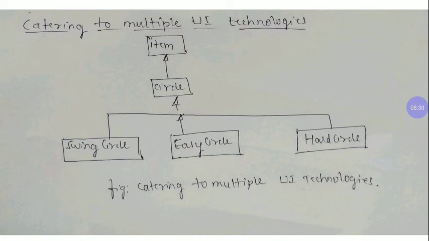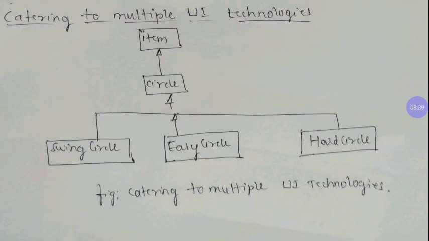So we extend circle to implement the swing circle class. You see here in the diagram, we inherit the circle class into the swing circle class. Similarly, we extend the circle class to the easy circle and the hard circle.